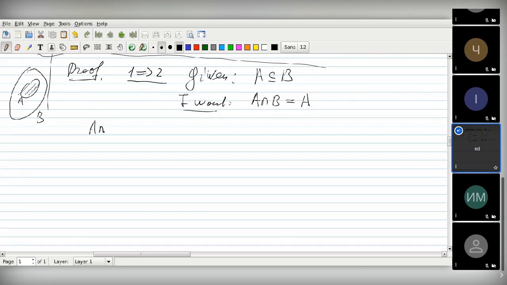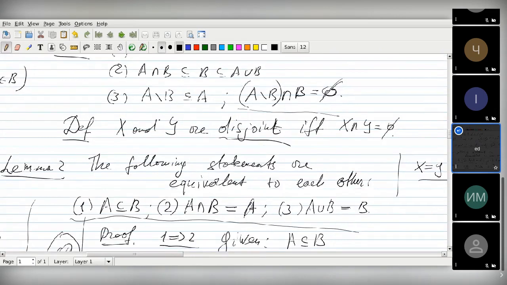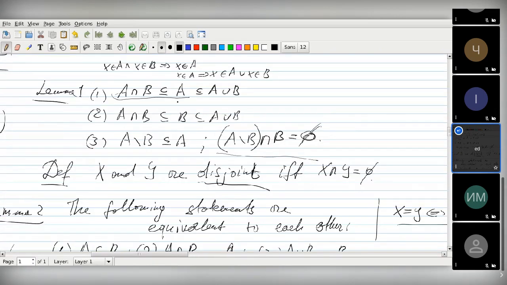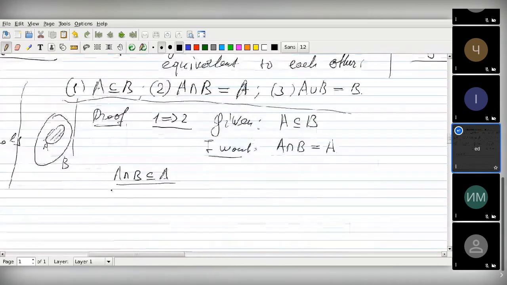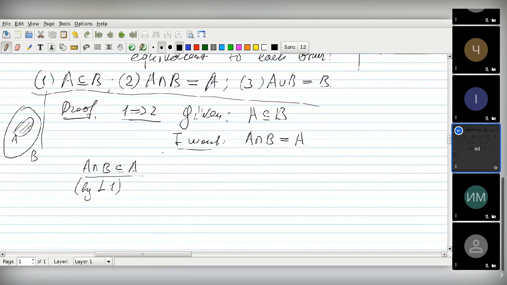But the first inclusion from the left to the right is already known to us according to lemma 1. So by lemma 1, the left-hand side is included into the right-hand side. But A is included into this intersection.